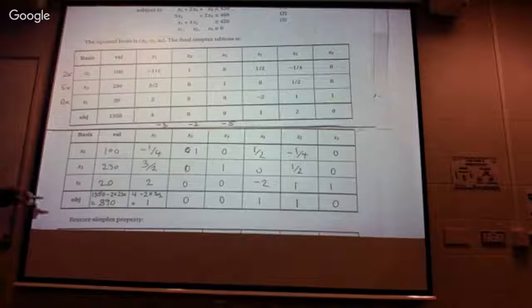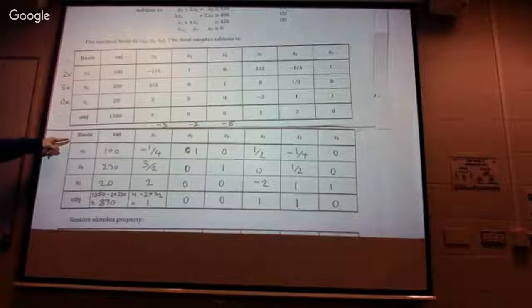Okay, I'll ask again because people will copy it. Why does it say restore the simplex property if this tableau already has the simplex property?